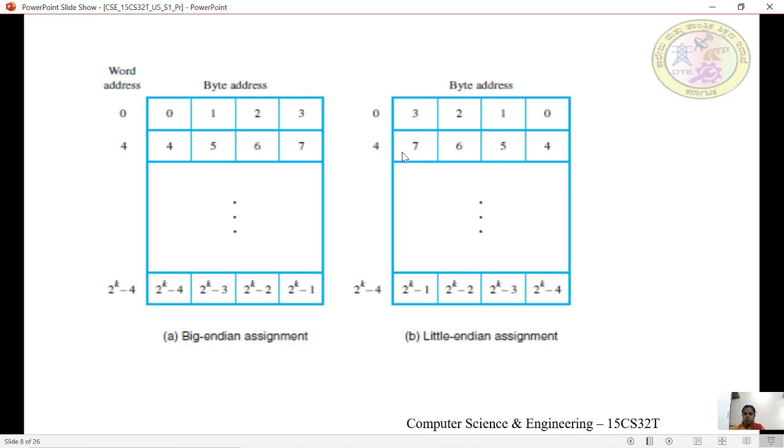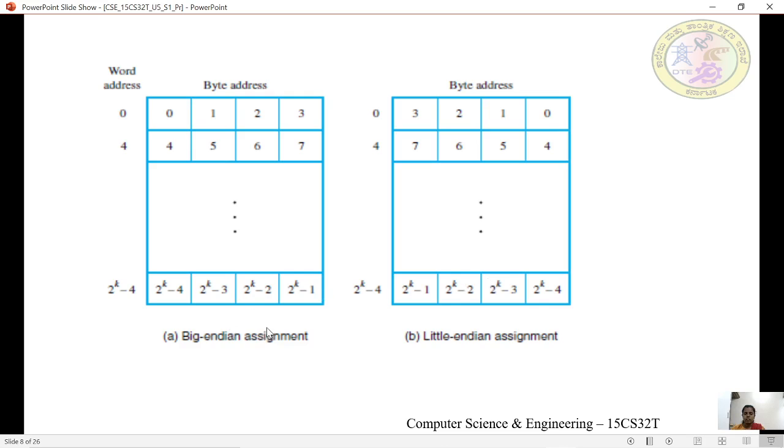So 0044, 2 to the power k minus 4. Here also 2 to the power k minus 4. So these two will be the same. The Intel processors use this little-endian arrangement.